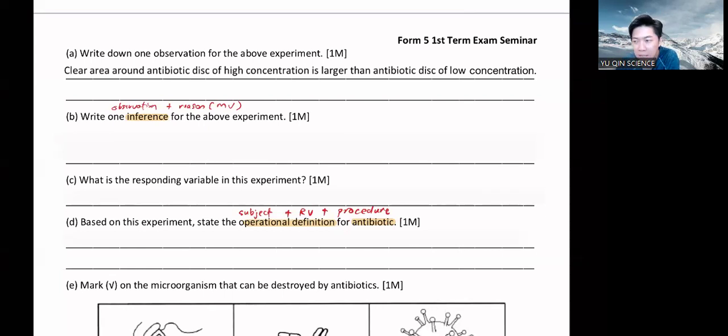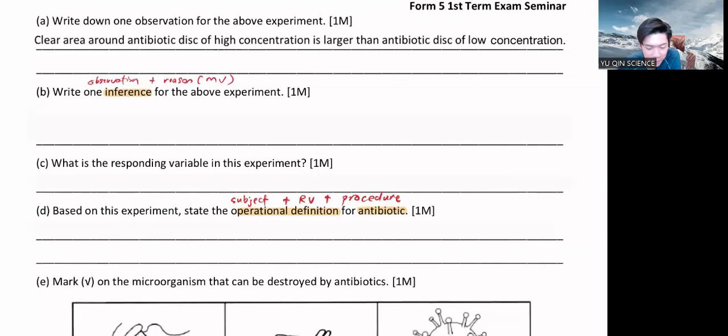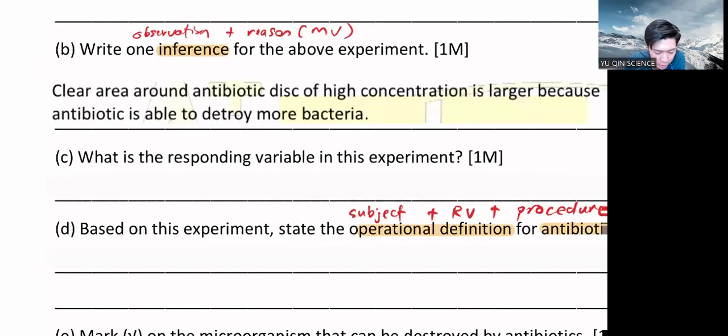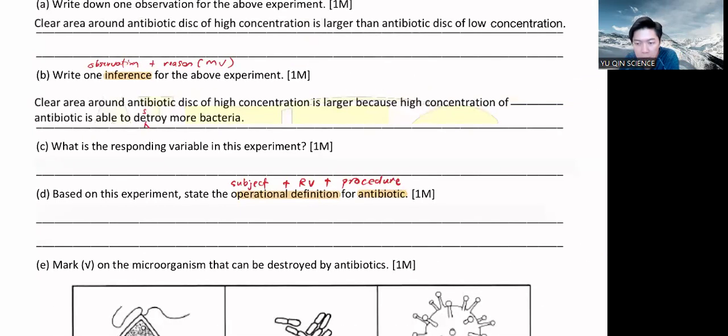Okay, did you all try or not? You all just wait for my answer. You try, right? It's better to correct now. So inference, like I show you my one, my inference was the same thing here. I copy down. The reason is, what's my reason again? Because high concentration of antibiotic is able to destroy more bacteria.